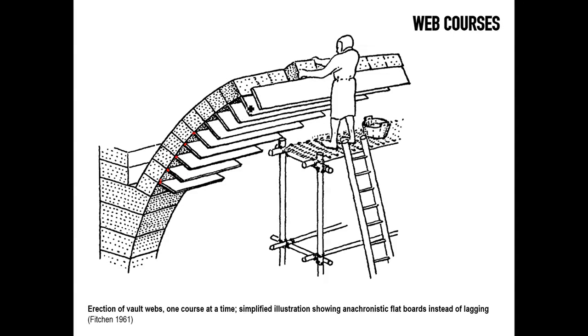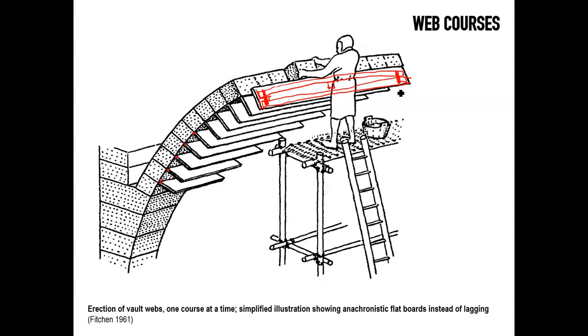But it is most likely that this would have been a bit like the half frames we saw before. You would have had a log coming like that and another log coming together, probably with a curvature, with a block in between that might have allowed some spreading, some adjustments, and then this being tied together.